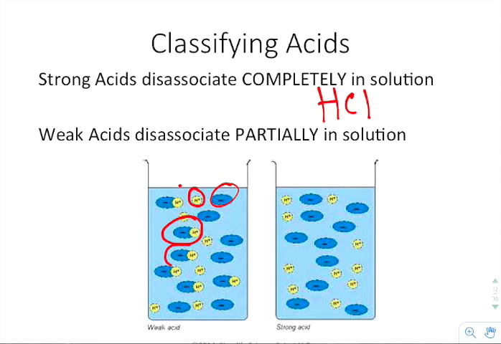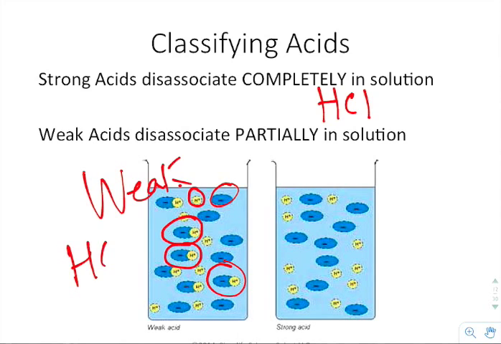These are still associated, this is still associated, this is still associated. So this right here would not be considered a strong acid, it'd be a weak acid. In fact, because of that, it cannot be HCl, because HCl is what we call a strong acid. And it dissociates completely. None of the protons or none of the hydronium ions are actually attached to any of the anions. So because of that, we have a strong acid.